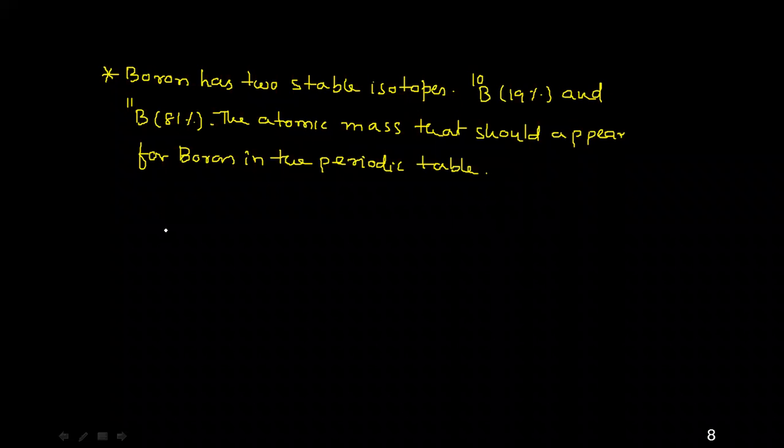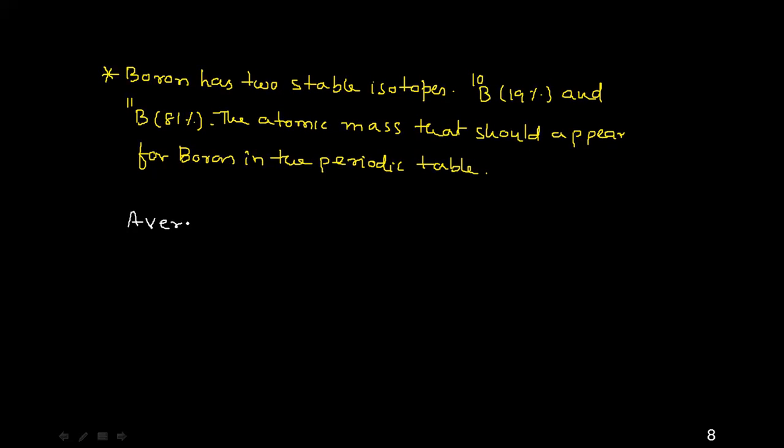So boron has two stable isotopes, one is B10 of 19% abundance and B11 of 81% abundance. Then find the atomic mass that should appear for boron in the periodic table. Generally we solve this as the average atomic mass of an element which has different isotopes.